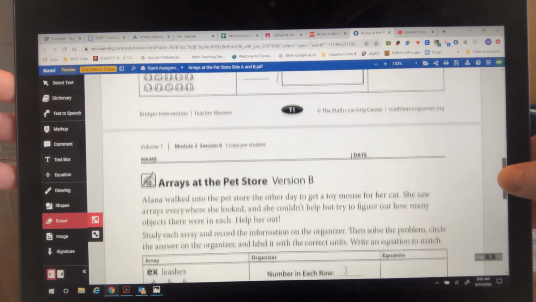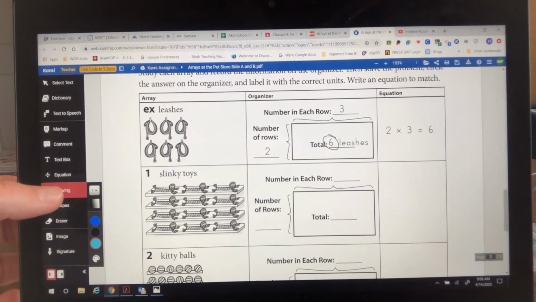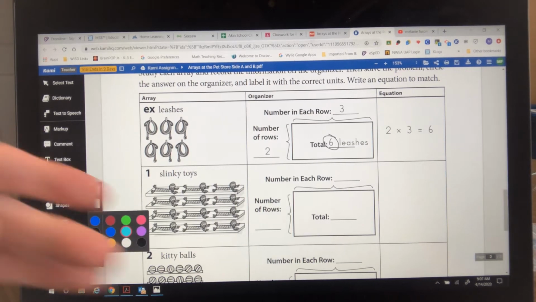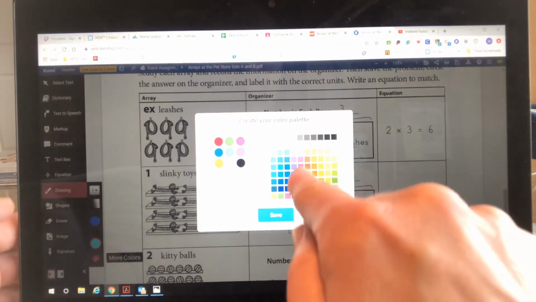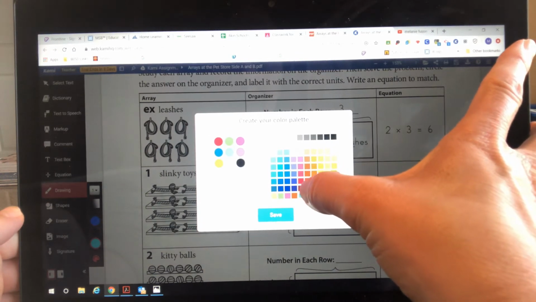And then you're going to scroll down to side B, and you're going to use your drawing tools. So I hit drawing, and there's a few colors. If you hit one of the colors, it opens up more. If you don't like any of those colors, you can hit the little painter's wheel at the bottom, and you can just select some colors that you do like.